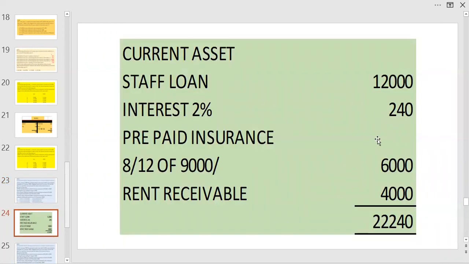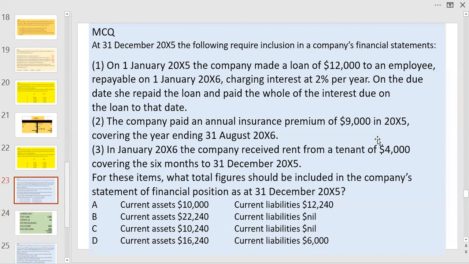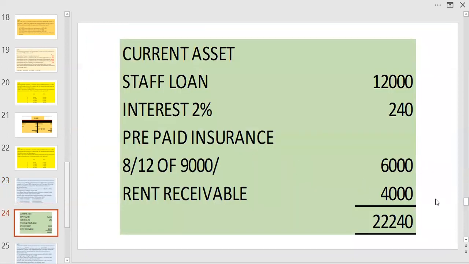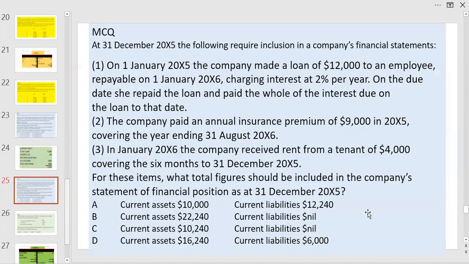Number 3, in January 2006, the company received rent from a tenant of 4,000, covering the 6 months to 31st December 2005. So this was outstanding on that day as rent receivable, there again a current asset. Therefore, total current assets 22,240, accrual nil. Answer is B.